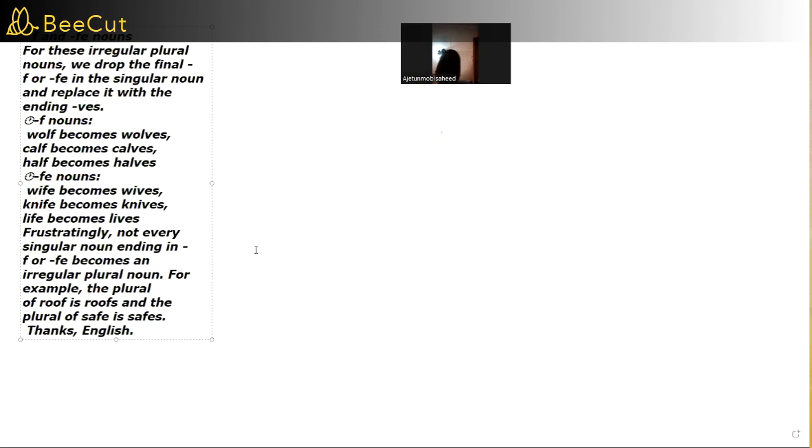So the first group we're going to mention under the irregular plural nouns are the F and the FE nouns. For these irregular plural nouns, we drop the final F or FE in the singular noun and replace it with the ending VES.